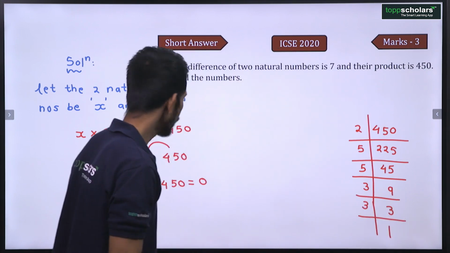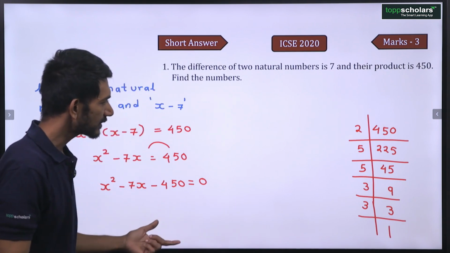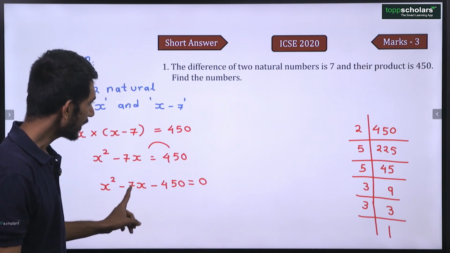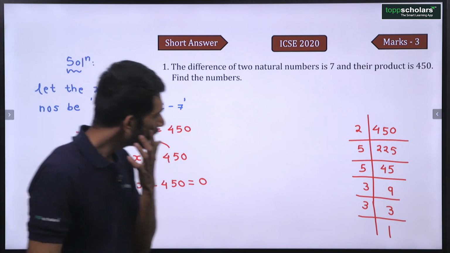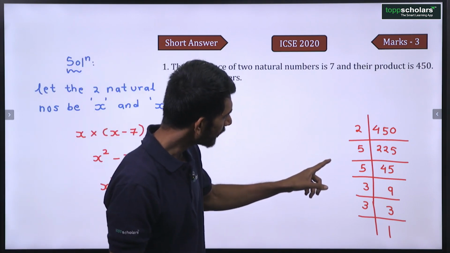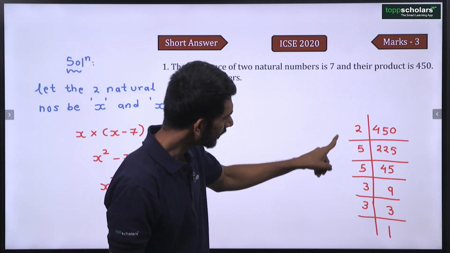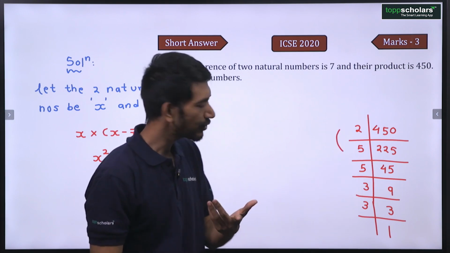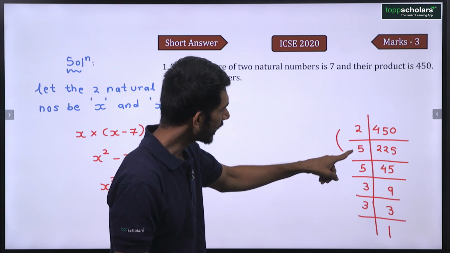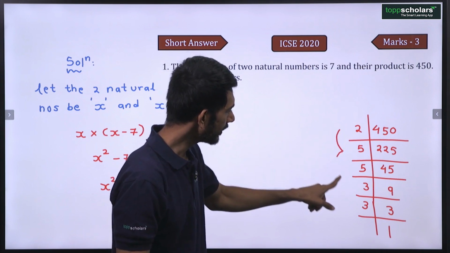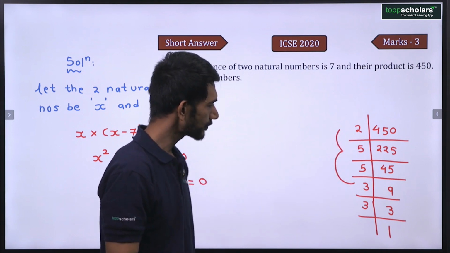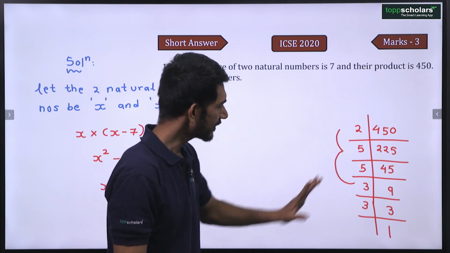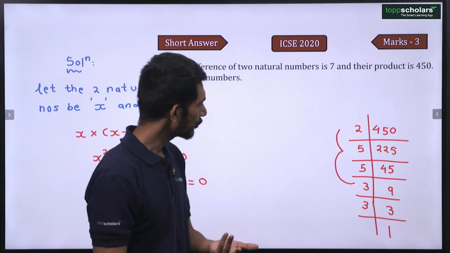So all you need to do is take out the factors from here such that your middle term should be 7. So if I take the combination, 2 5s are 10, 5 3s are 15 and 45, that does not work. Then you can take 2, 5 and say 3, 2 5s are 10, 10 3s are 30, that is also not working.